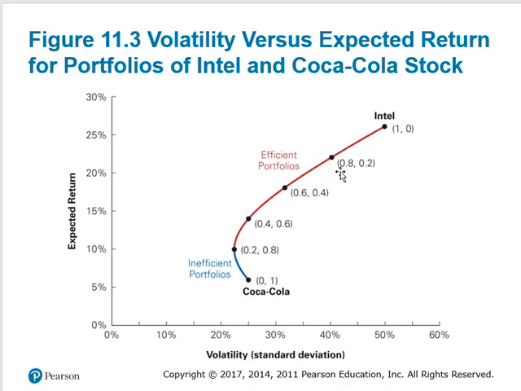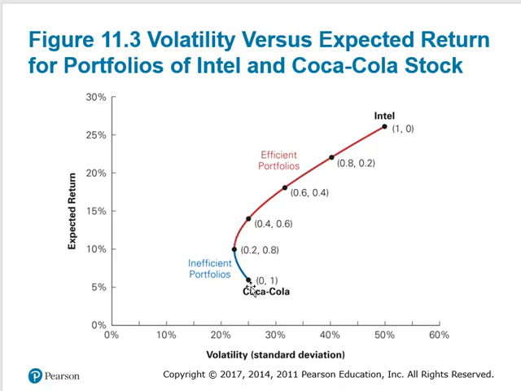So here we have 80% in Intel and 20% in Coke. Down here we have 20% in Intel and 80% in Coke. So this is the risk and return relationship of all of these pieces. And what you can see if you think about this is, how can you maximize your return? Given these two assets, these are your only choices.